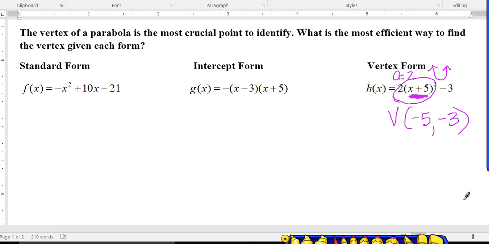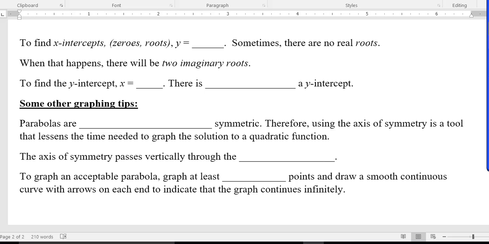The vertex is looking right there at you. It's the opposite of h, k, that's it. Done. I love vertex form. Just slap that vertex on the graph, look at your multiplier, graph your equation. Okay, so I'm going to push pause on the video, but here's what I need you to know.